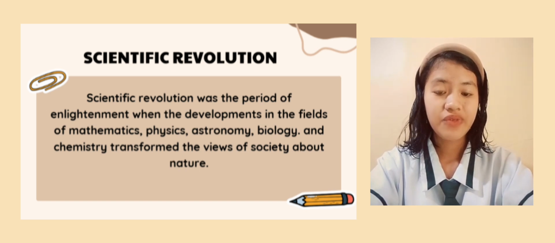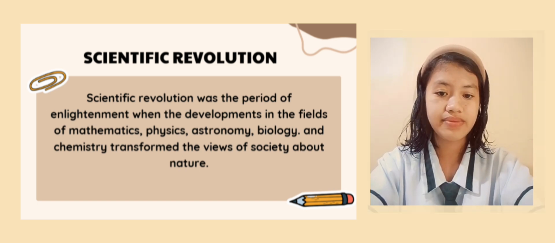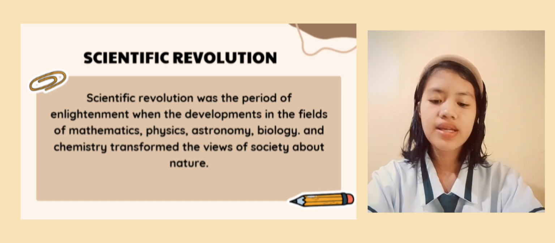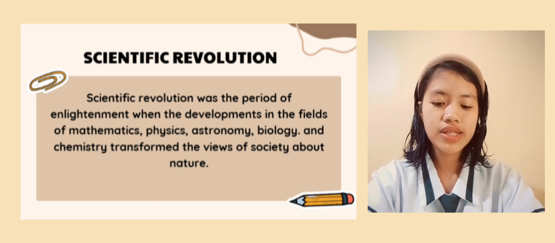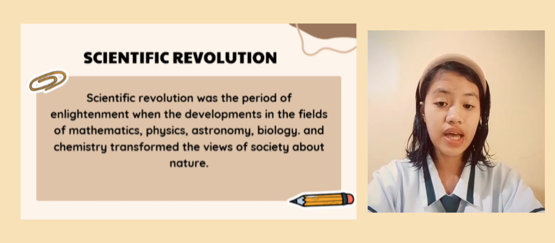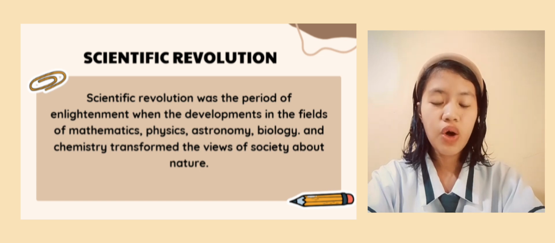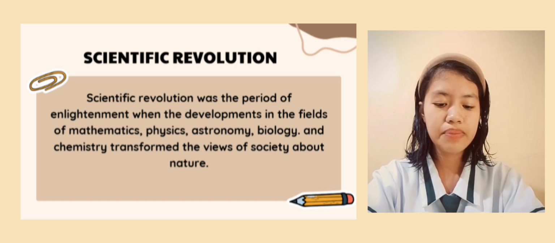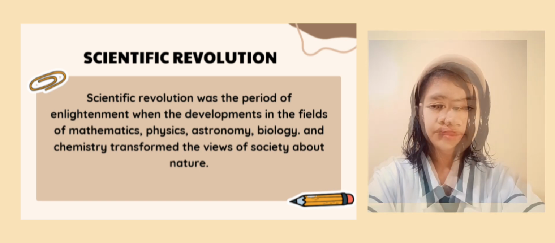For example, Copernicus proposed that the sun, not the earth, is the center of the solar system. In mathematics, new theories and methods such as calculus were developed by Isaac Newton. In physics, Isaac Newton also discovered the laws of motion and universal gravitation, explaining the movement of objects both on earth and in the heavens.